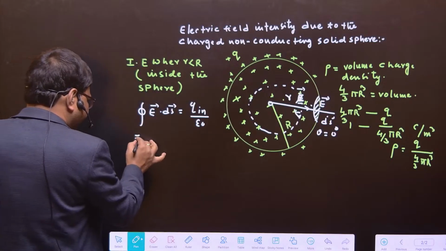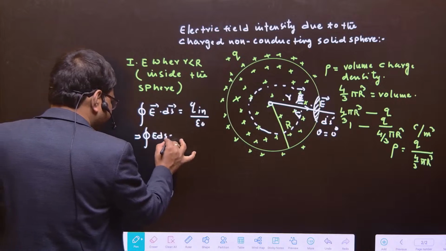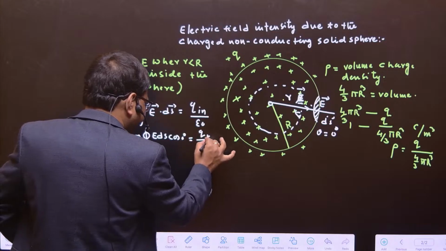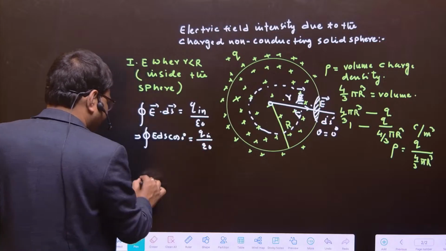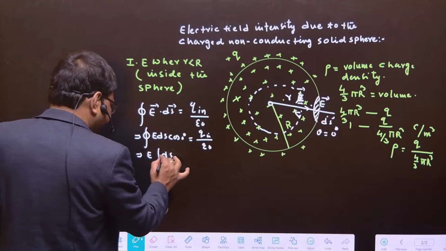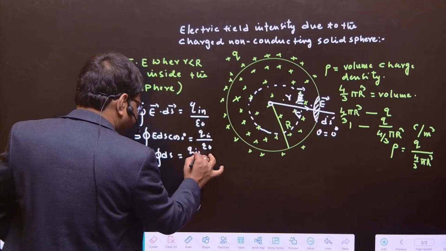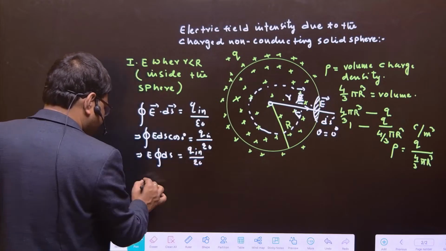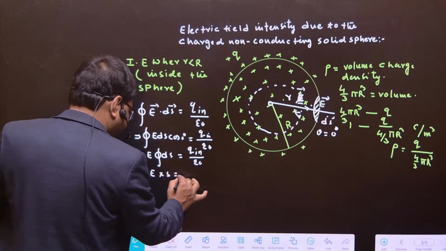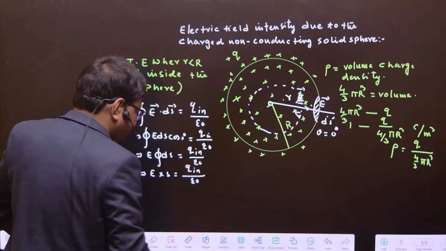Clear? Breaking the dot product, we can write E into ds cos 0 degrees is equal to q in over epsilon naught. Here E comes outside the integration, cos 0 is 1, and integration of ds gives S, so E into S is equal to q in divided by epsilon naught.